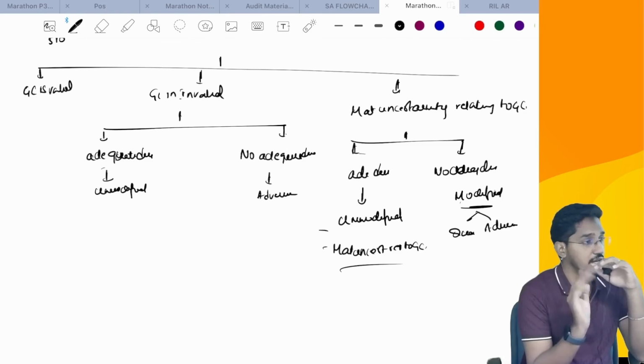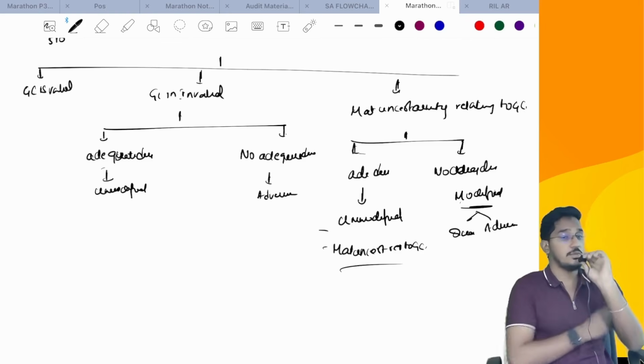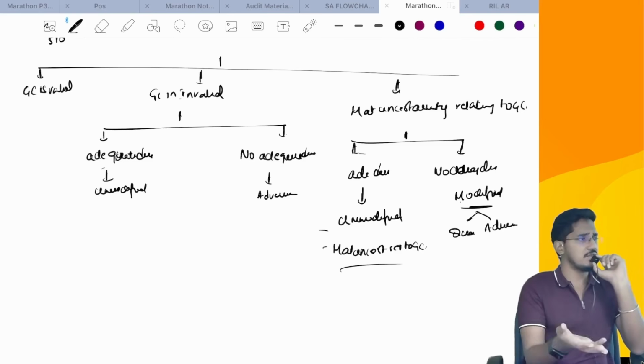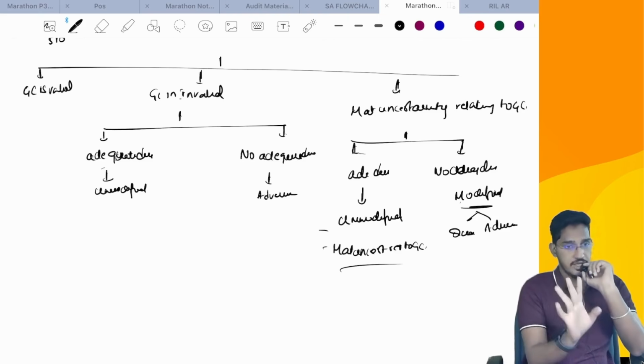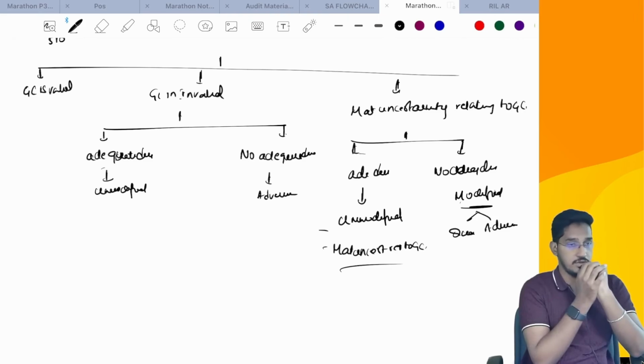We are not modifying our opinion because there is a material uncertainty. Why are we modifying our opinion? Management did not disclose that material uncertainty. For that I have evidence. I clearly know that management did not disclose that. So it is a case of evidence only. I have evidence that management did not disclose that material uncertainty in the financial statements. That's why I will give either qualified or adverse.